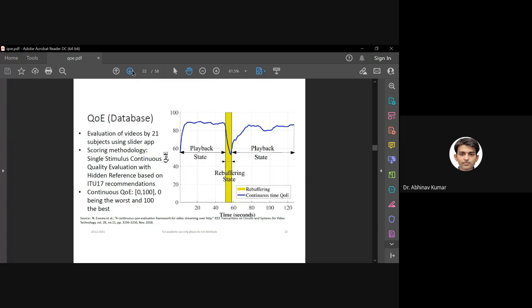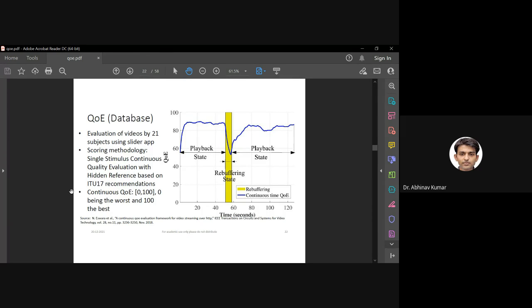And now, please note, we were able to capture this because we conducted our own continuous time QoE collection in this database. We are able to measure this continuous time QoE, and that is a really important part of the study conducted by Dr. Ishwara, where essentially we had 21 subjects using a slider app.